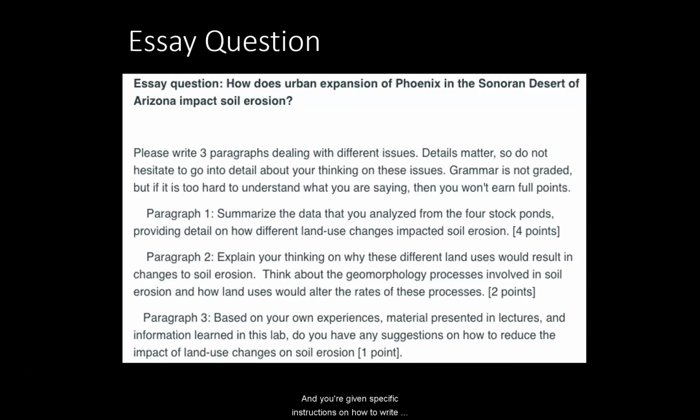You are given specific instructions on how to write the paragraphs, and details matter. Grammar is not graded, but if you use texting sort of grammar, I won't be able to understand what you're saying. So try to write like a college student, write in full sentences, write in clear paragraphs, and give lots of details.